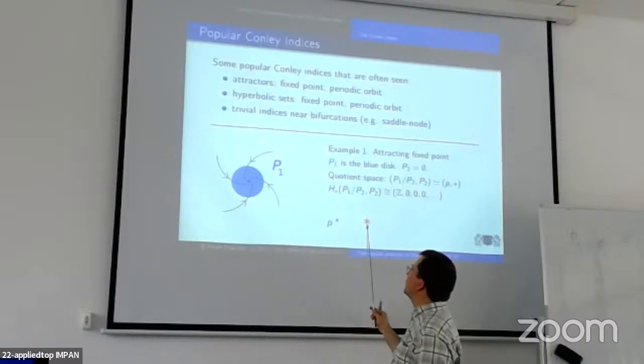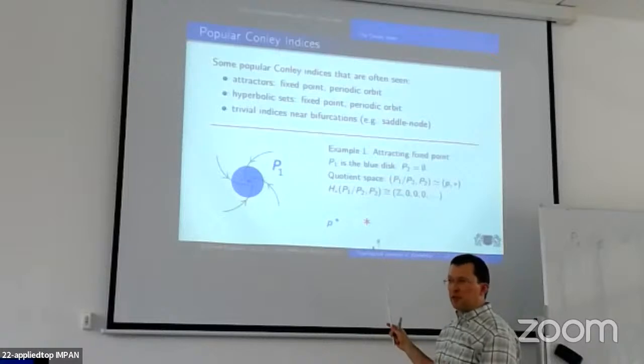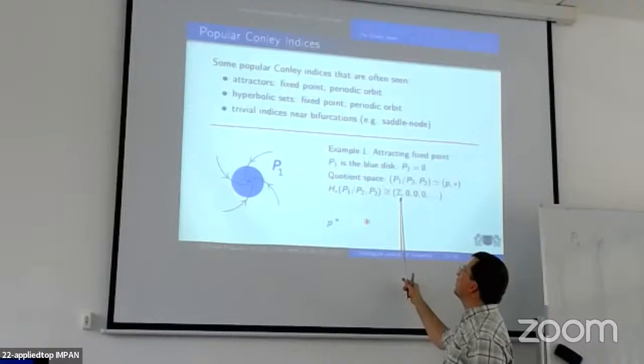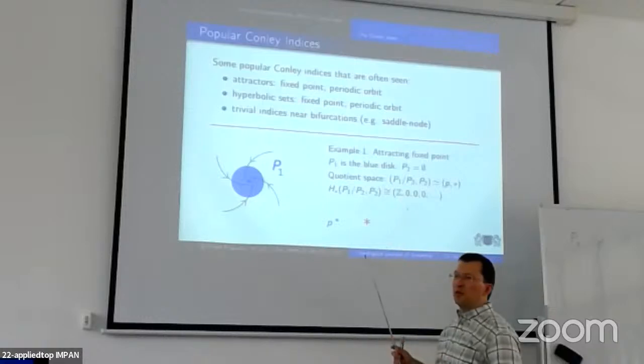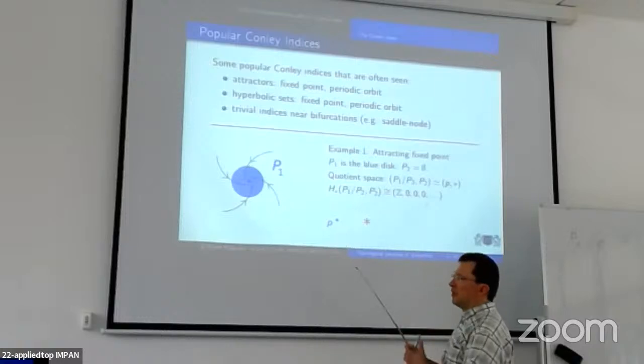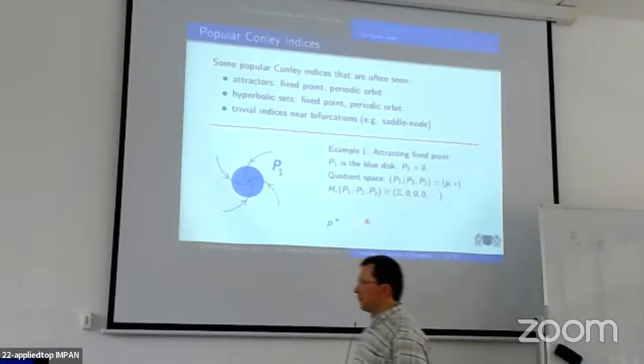We get this asterisk, this extra point. Here we have two connected components, but this asterisk doesn't count as a separate connected component. So the homology is Z in dimension 0, which is the number of connected components. And then there are no other cycles in homology. There are no holes, so there are zeros on all the other levels.